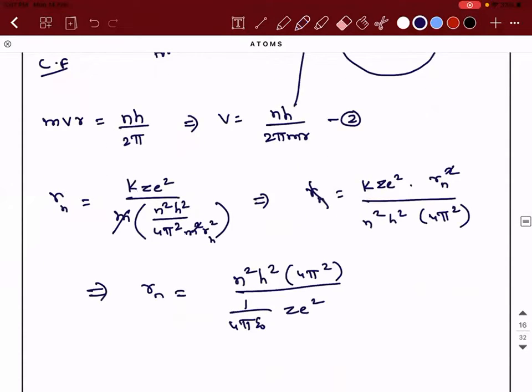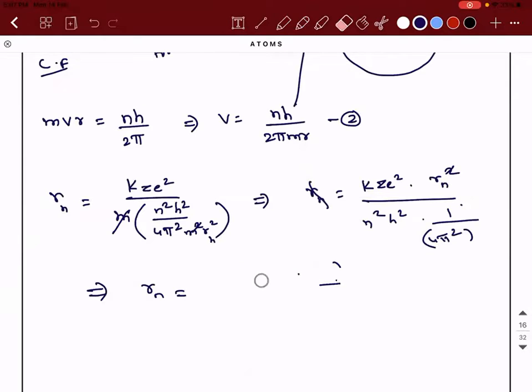Oh, sorry, I made a mistake. So n square h square into 1 divided by 4 pi square is going to be like this only.